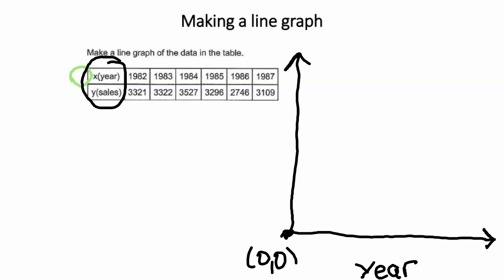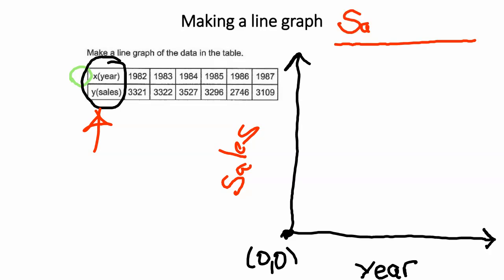Now, the Y is this side, which is the sales. This first column is telling me what those labels are going to be. Now, the title, sales of a company.